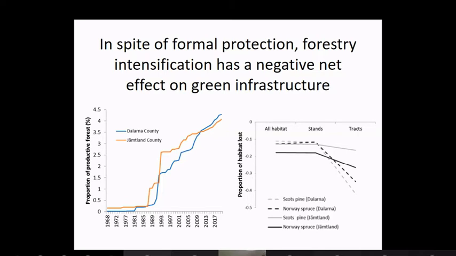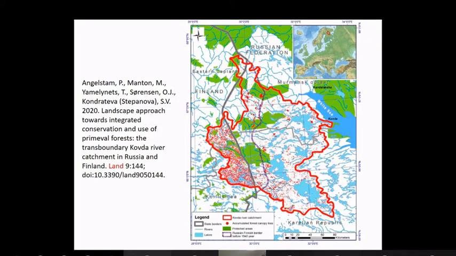It's not getting better. When it comes to the Kovda River catchments, I will not go into great detail, but this is an open access publication written with Ukrainian, Norwegian, Australian, Lithuanian, and Russian Karelia co-authors. And this is just showing how this cross-border area is a really interesting experiment where you have a completely different pattern of forestry going on in Finland versus in the Russian Federation.